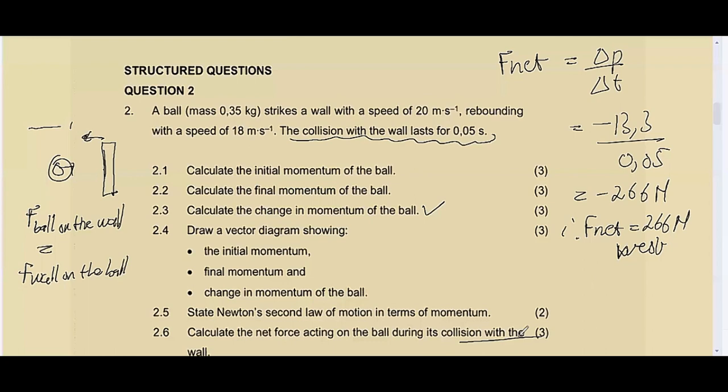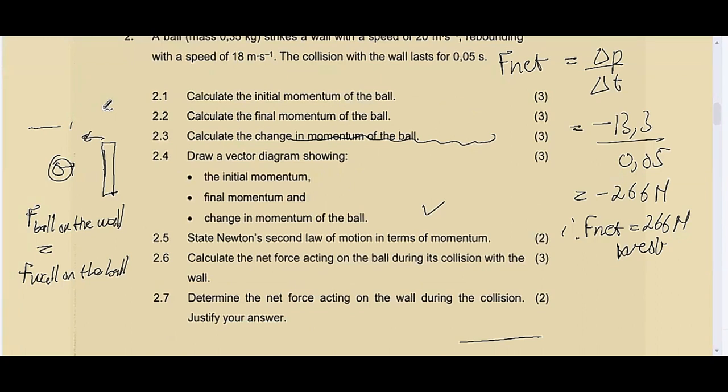Now let's look at the question below. It says 2.7, determine the net force acting on the wall during the collision. Justify your answer. According to Newton's third law, the F net will still be the same magnitude, 266 newtons.